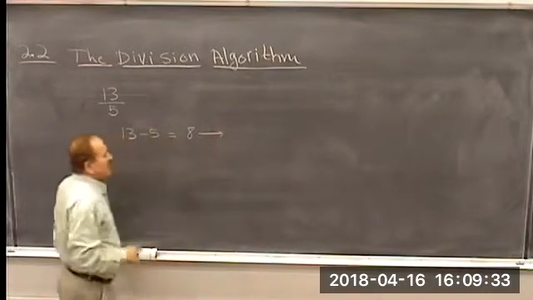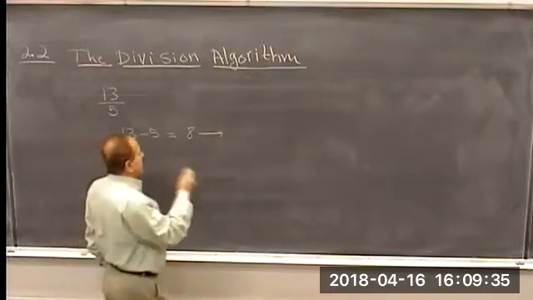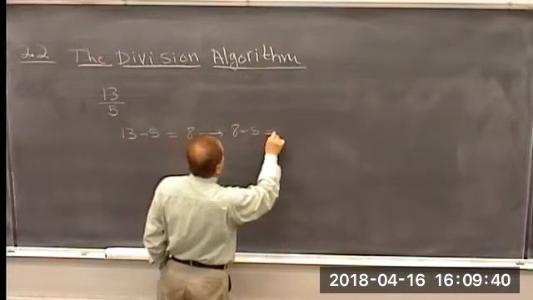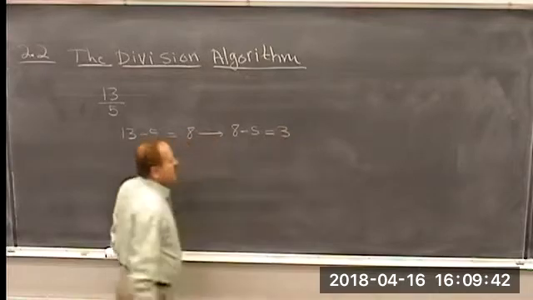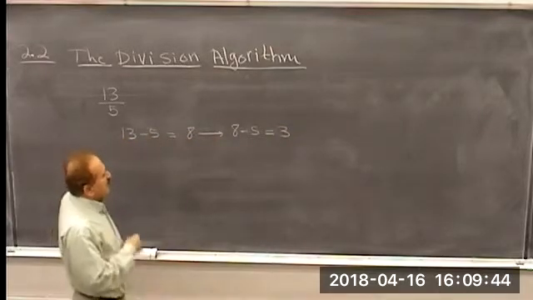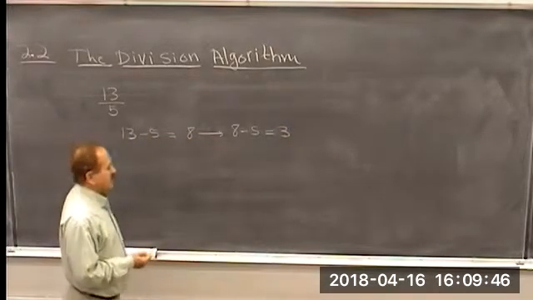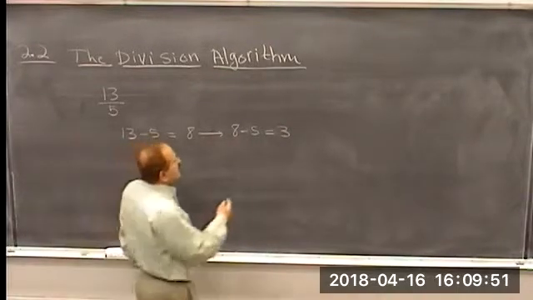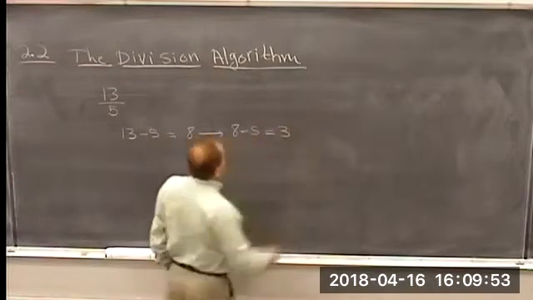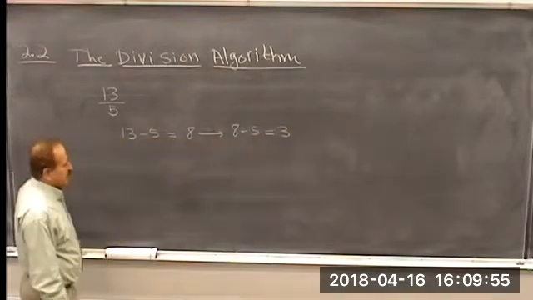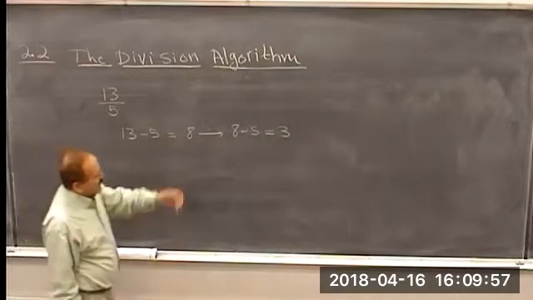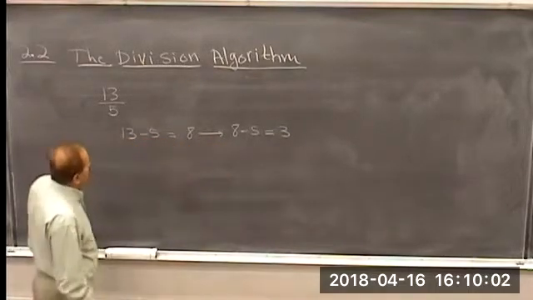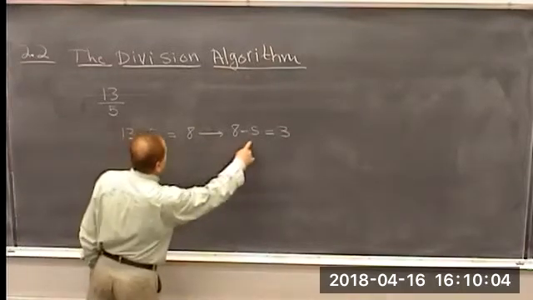Then if I subtract from 8 another 5, I come up with a 3. Then if I subtract 5 from 3, I come up with a negative number. So the process ends when we cannot subtract any more 5s without going to the negative. So we express this by saying we subtracted two 5s.